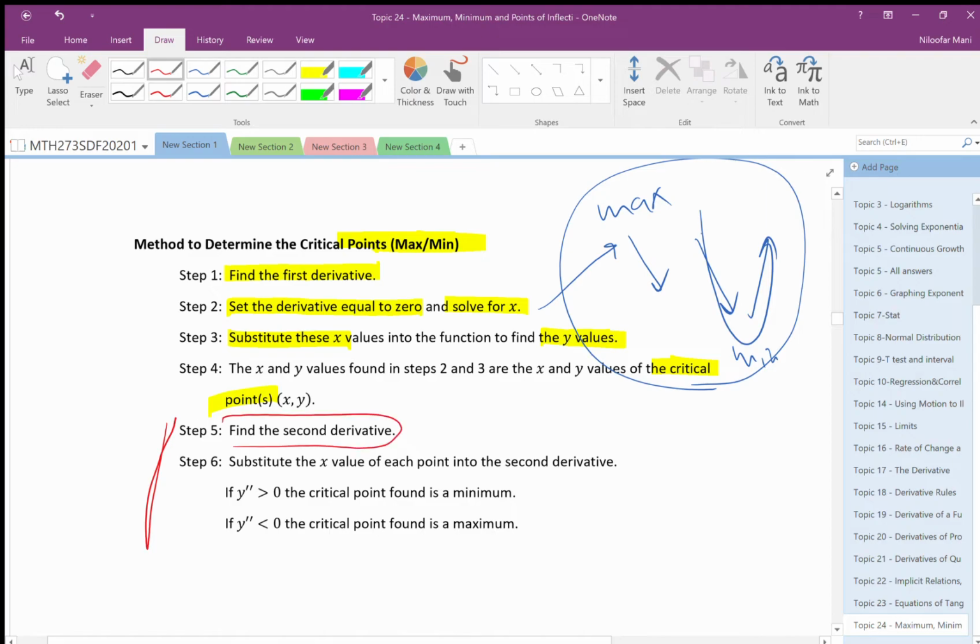If the second derivative at that point is positive, for sure you have a minimum. If the second derivative at that point is negative, for sure you have a maximum. So again, if the first derivative is 0 at a point, it doesn't mean for sure I have a maximum or minimum. I should check this test, or I should check the sign change, but this is easier and faster.